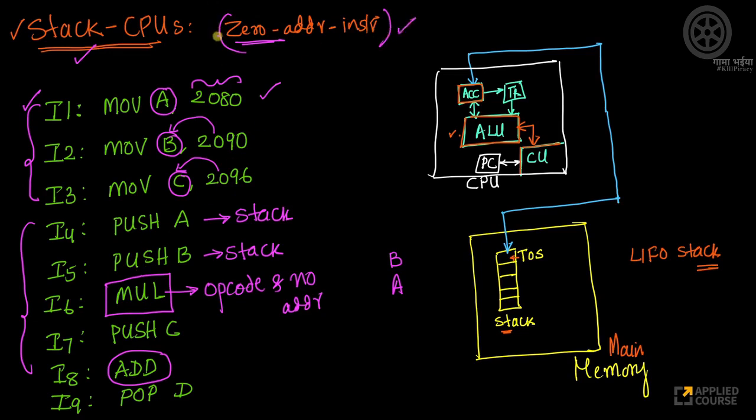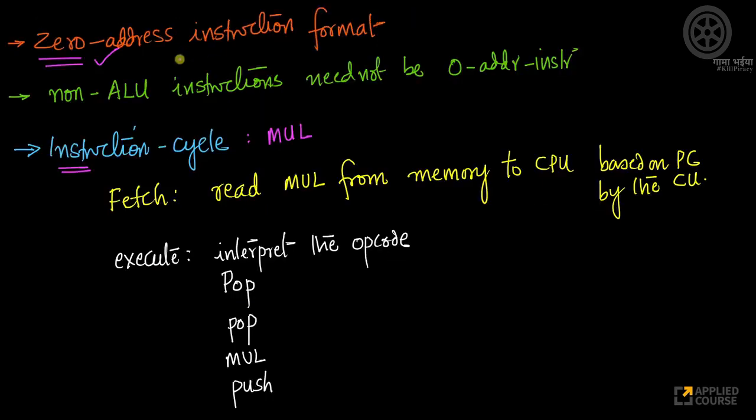And zero address instructions are very popular as far as stack CPUs are concerned. In stack CPUs, all of your ALU instructions, all the instructions that are executed using your arithmetic logic unit, like addition, multiplication, are zero address instructions. Similarly, your non-ALU instructions need not be zero address instructions.